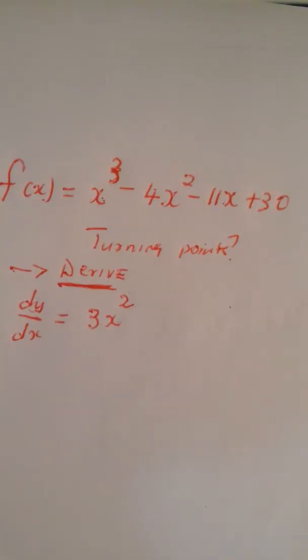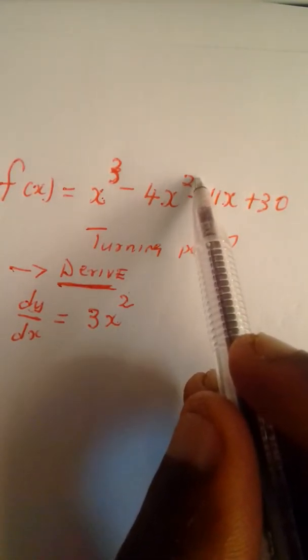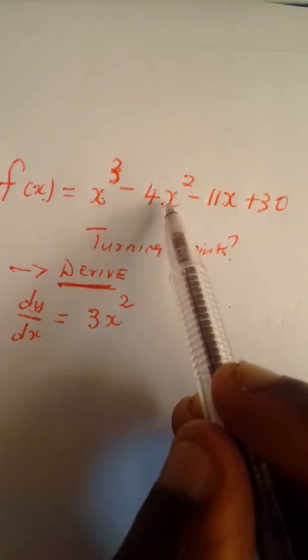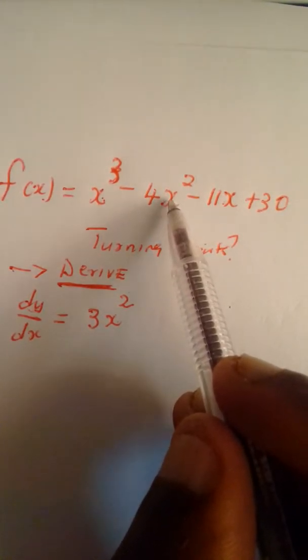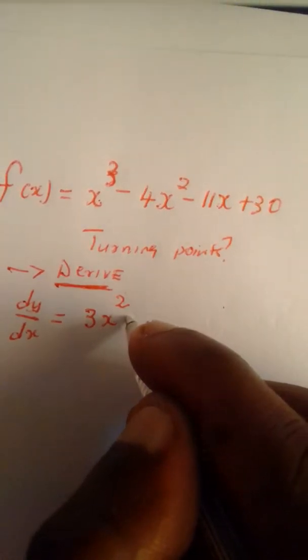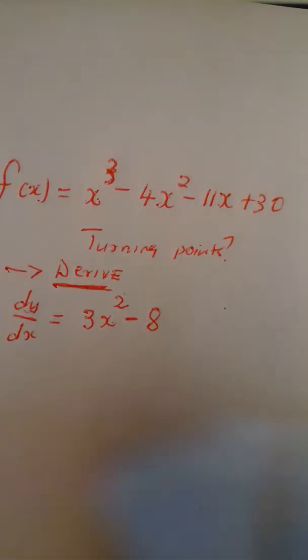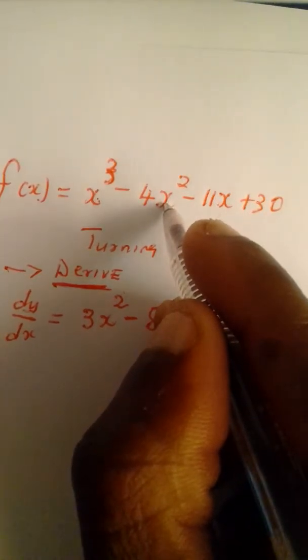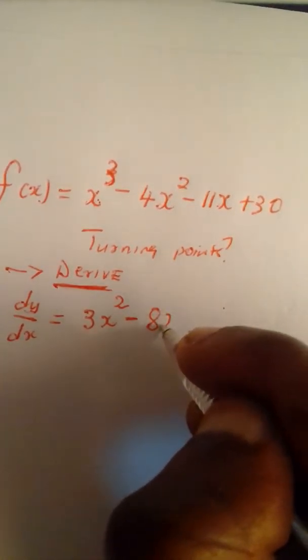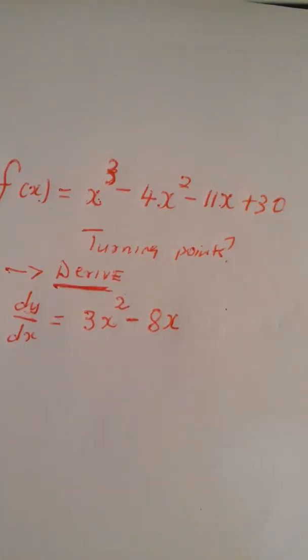What do you guys think will be the derivative of negative 4x squared? Remember, you have to start with the exponent and multiply it with the coefficient of x, the number before this x. So you say 2 times negative 4. You get negative 8. Then you write the variable as it is. To your exponent, subtract 1.